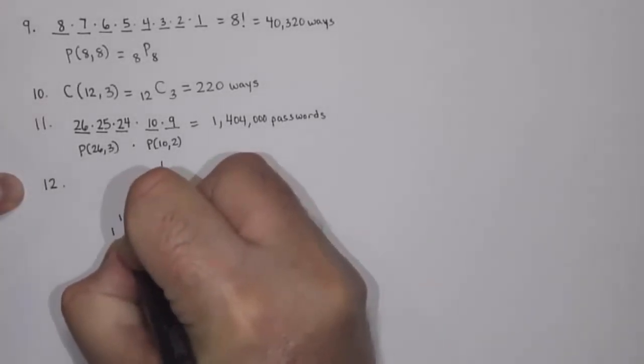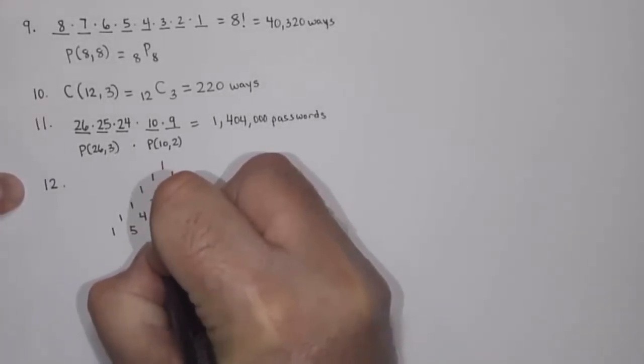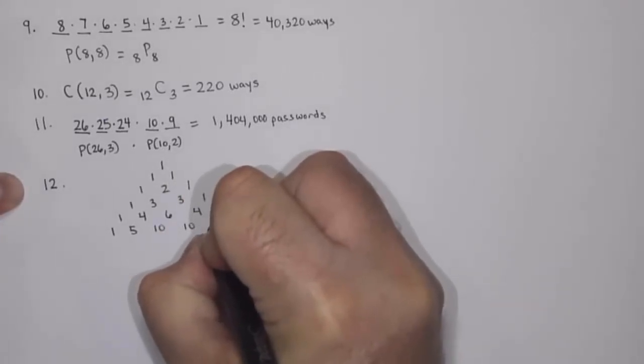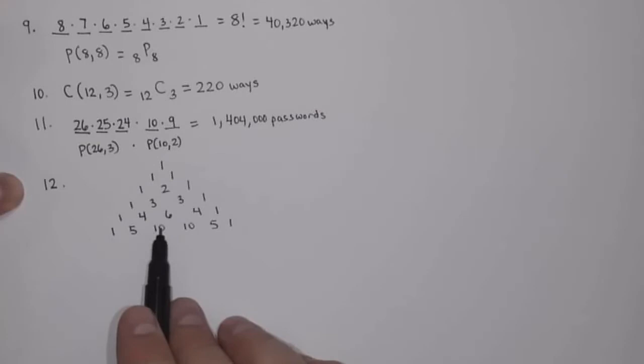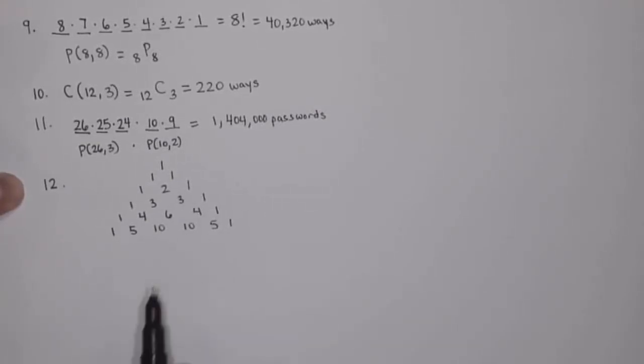The fifth row would be 1, 5, 10, 10, 5, 1. So again, like the 10 here is 4 plus 6, the 5 here is 4 plus 1.